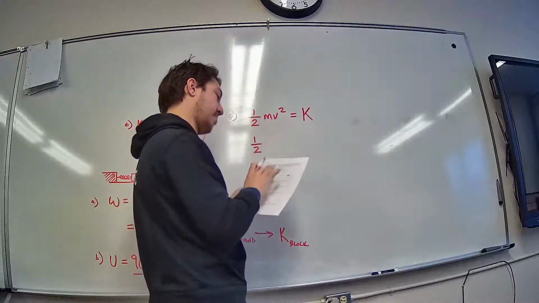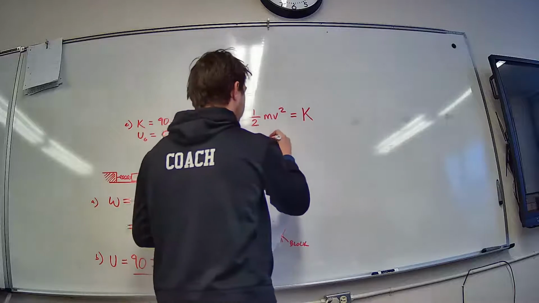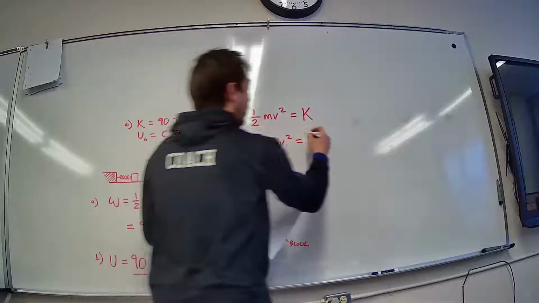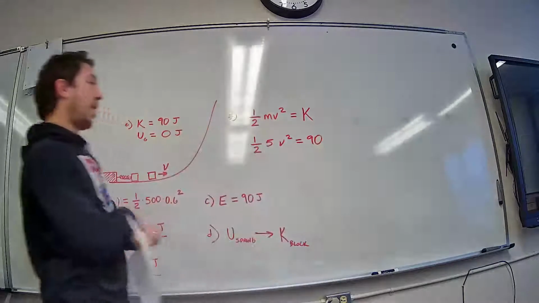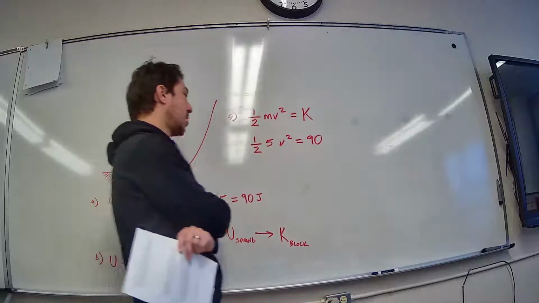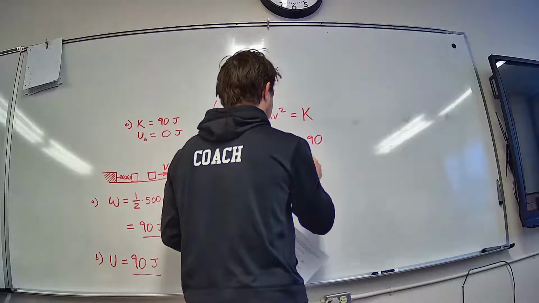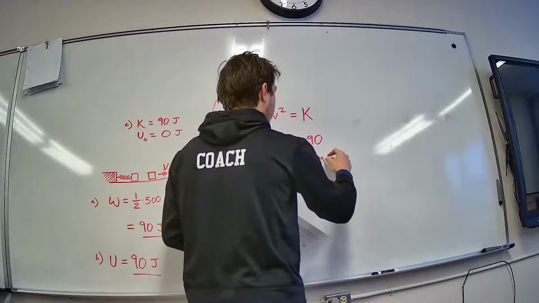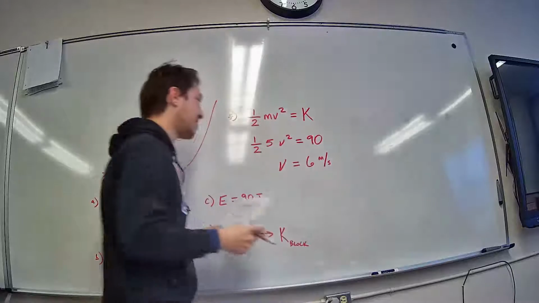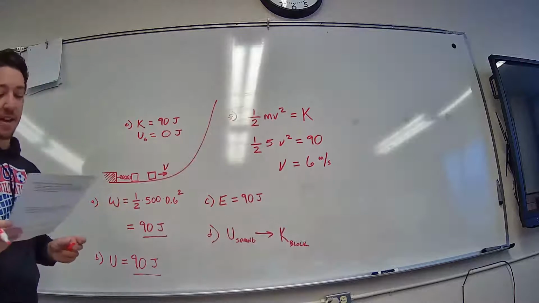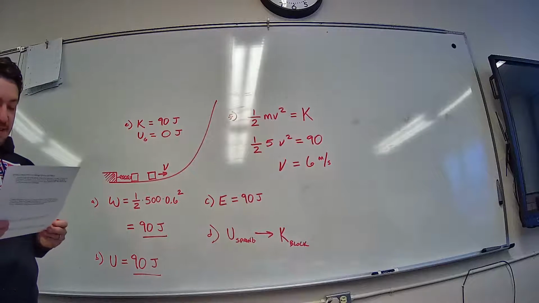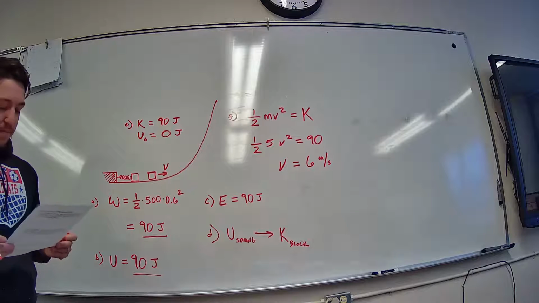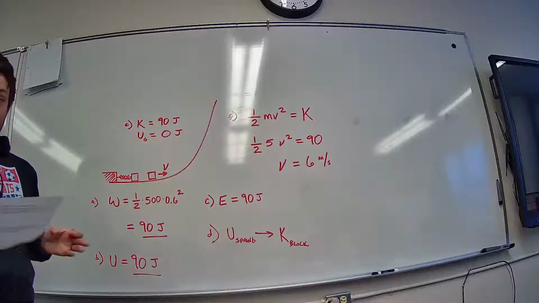So what's the mass? 5. We're solving for v, and the kinetic energy has to be 90. Does that work out to an integer? It does. Amazing. Wow. I think it does. Astonishing. All right, so we feel okay about that?